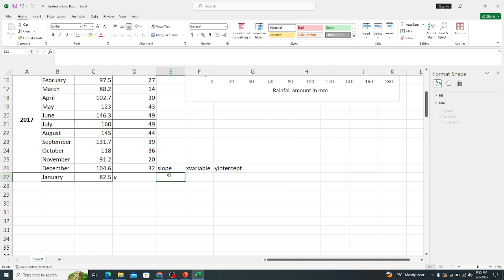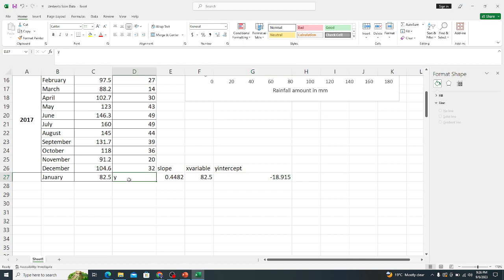So in this case we know that our slope is 0.4482. Then our x variable, we know it will be this one, so it will be equal to this. All right, and then we have our intercept. We know our intercept is negative 18.915. That is our y-intercept.